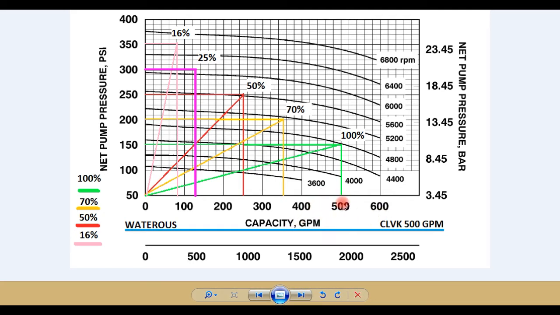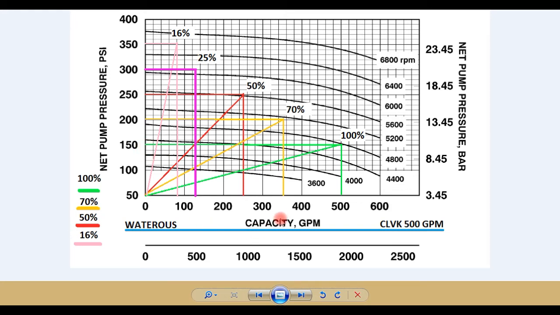So for the water tender that I operate, it's got this pump, the CLVK 500, and all fire pumps that are designed to move 250 gallons a minute or more have to meet NFPA 1901 standards, especially under NFPA 1906 for the wildland environment. Under those ratings, a fire pump has to deliver 100% of its capacity at 150 PSI net pump pressure.